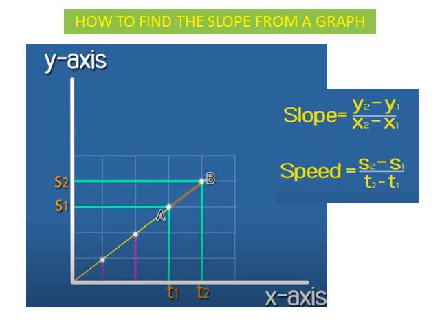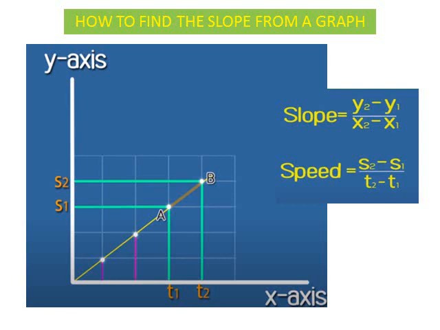Now let us take that distance as S1 for the point A. Similarly, you draw again a parallel line to the x-axis where it touches the graph at the point S2. So for the point A, the coordinates are S1, t1, and for the point B, the coordinates are S2 and t2.